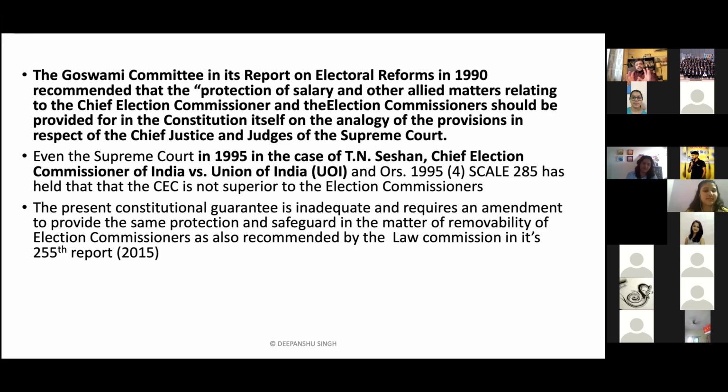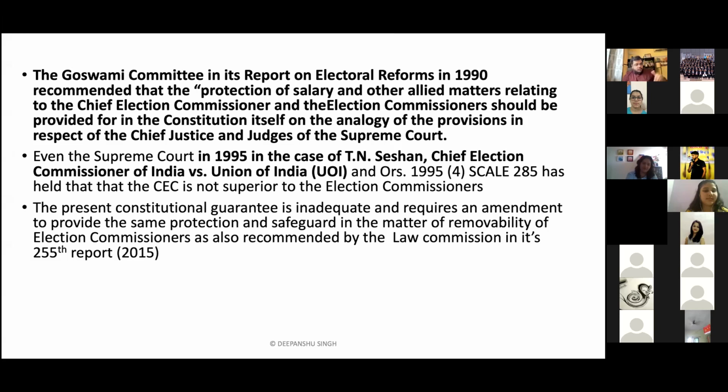Now, the challenge in this is that you have a 3-member commission. One is the chief election commissioner, and the other two are election commissioners. The independence of office or security of tenure is only available to the chief election commissioner, who is a single person. The other two election commissioners are equal in every other aspect. Decisions will be on the basis of majority vote.